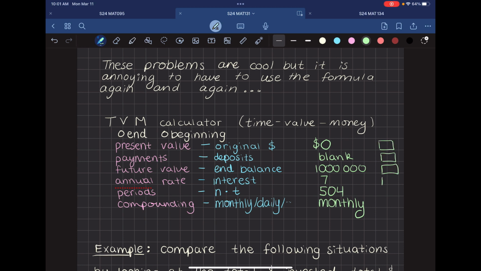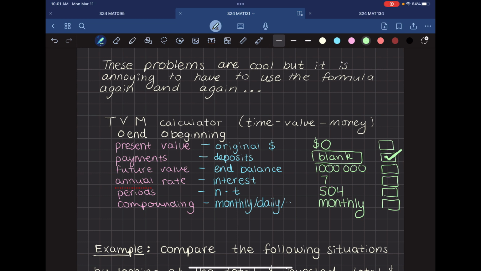And basically, if you fill out all but one of them, and then you click the button for the one that you don't know, it will auto fill in what that unknown is. And so you should see the $328 and something cents pop up right here. And it basically does everything for you.